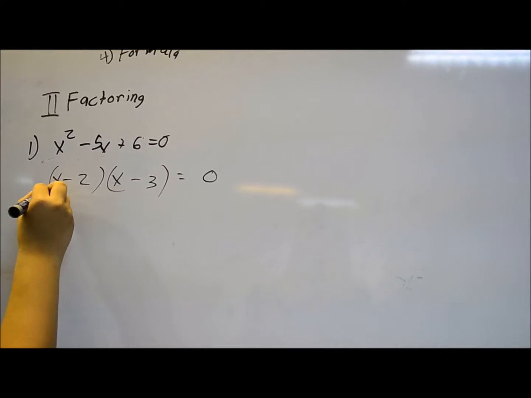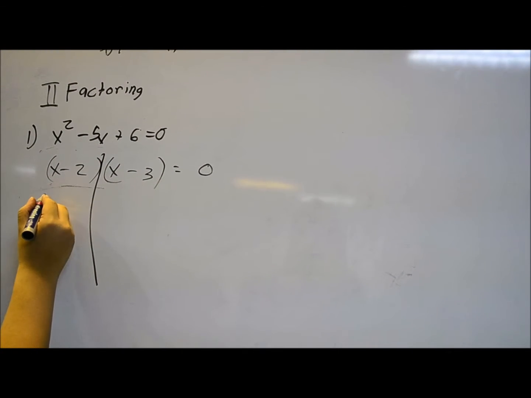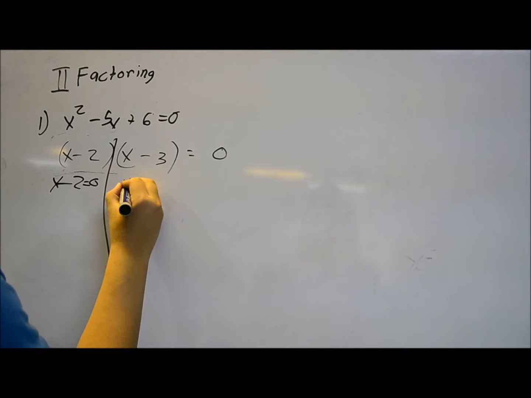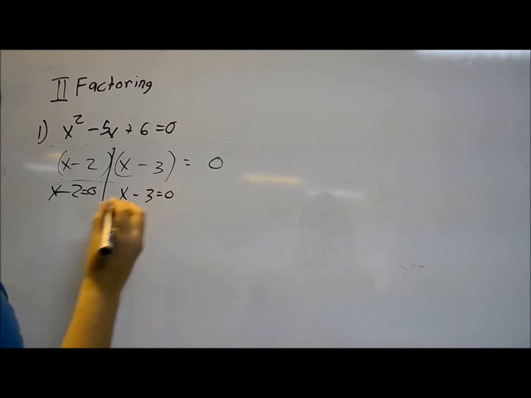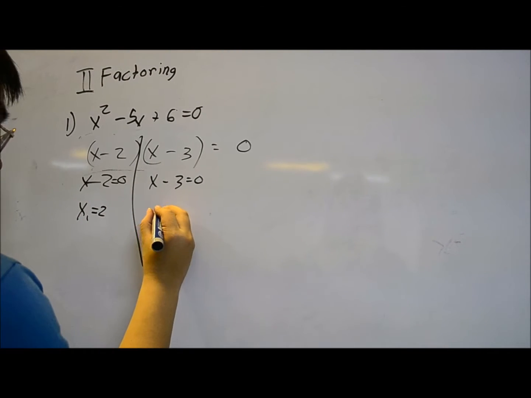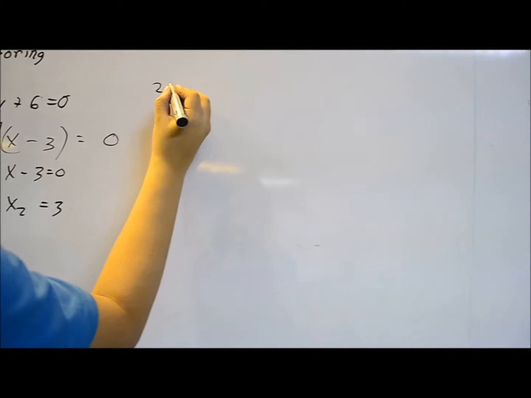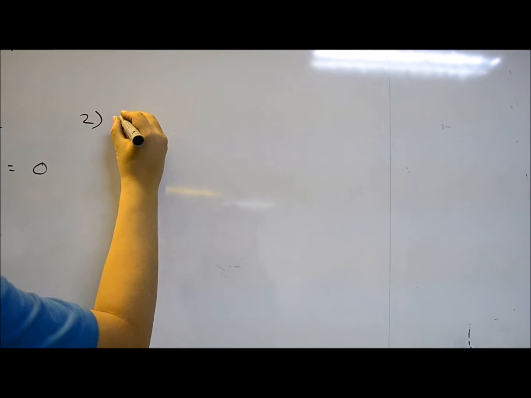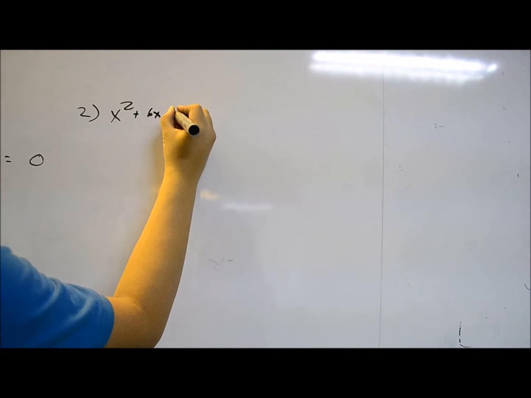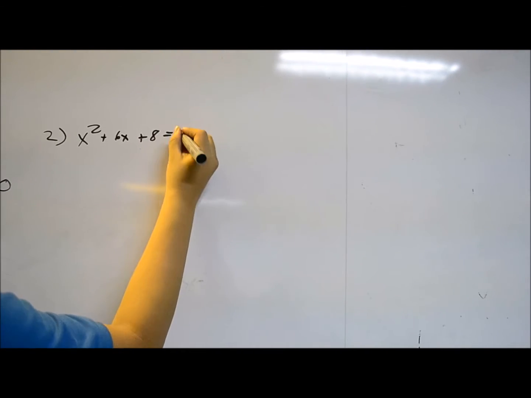Now, we equate each factor to 0. And so, we'll have x minus 2 equals 0 and x minus 3 equals 0. The roots are x equals positive 2 and x equals positive 3. Let's have another one. Say for example, we have x squared plus 6x plus 8 equals 0.